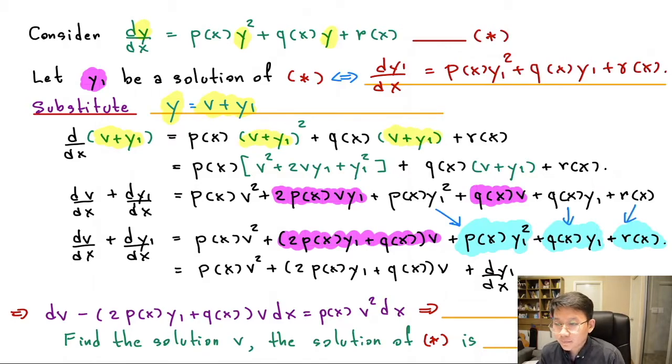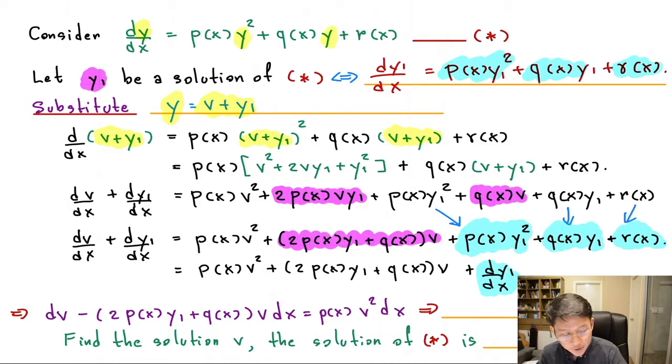Okay. But as we know that p(x)y1 plus q(x)y1 plus r(x), what is it? It equals dy1/dx. So that's why we have dy1/dx here.